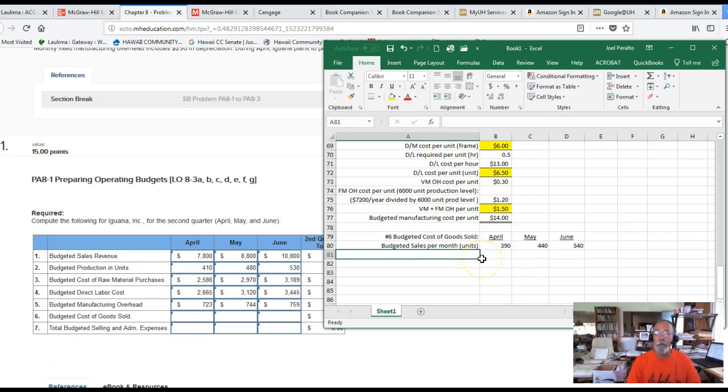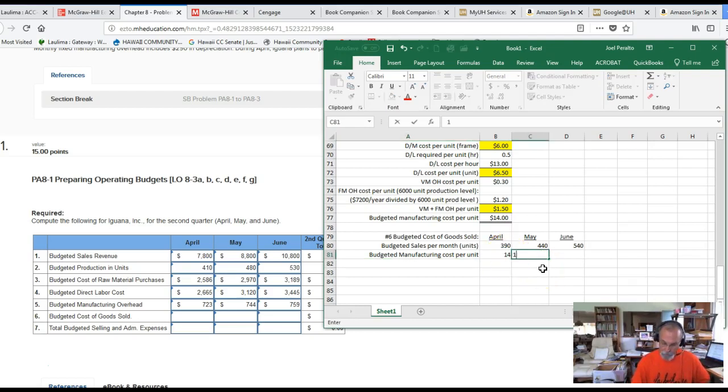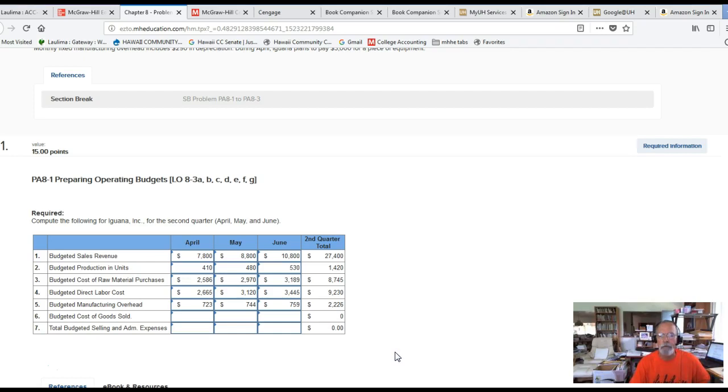And our budgeted manufacturing cost per unit. So that's 14. Do we need a total here? Yeah, I guess we do.